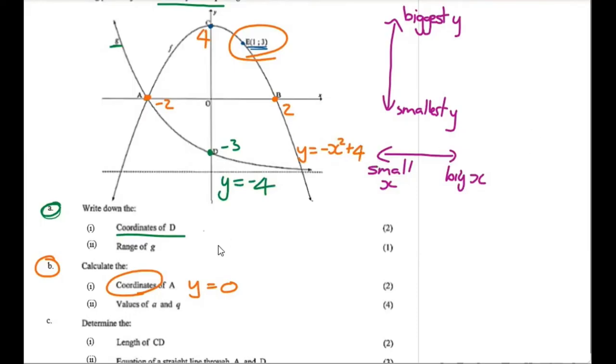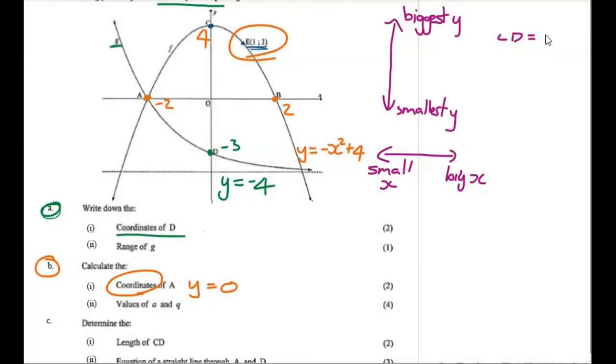So how would we get the answer for the length of CD? That would give us 7 units. Are you all happy with where that 7 comes from? Please ask me if you don't know.